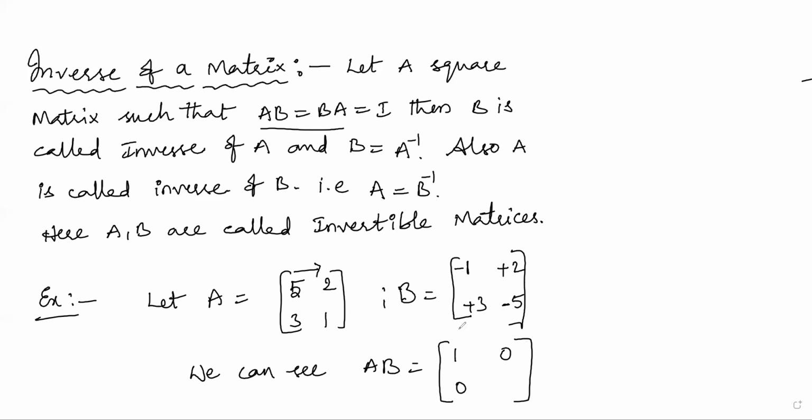And 3 times 2 is 6 minus 5, which is 1. So AB equals I.